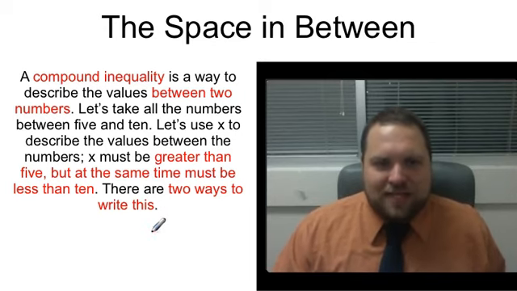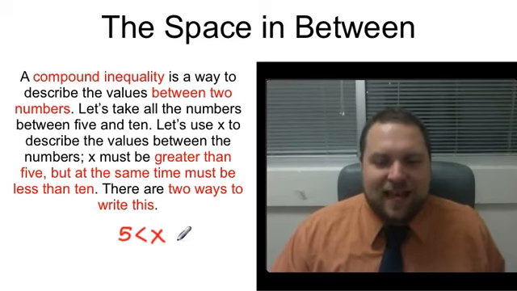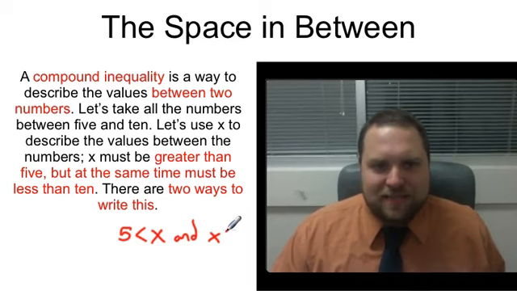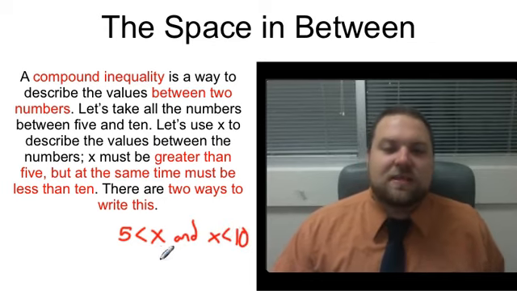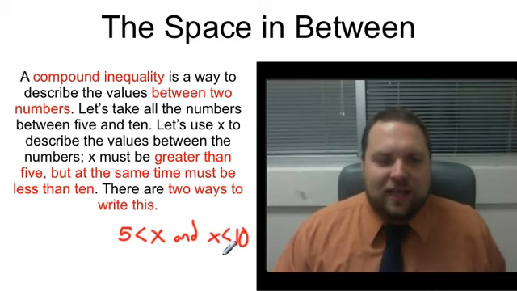We know that x has to be bigger than 5, so 5 is less than x, but at the same time, x has to be less than 10. Those two things have got to be true at the same time. We can write that just like I did there.